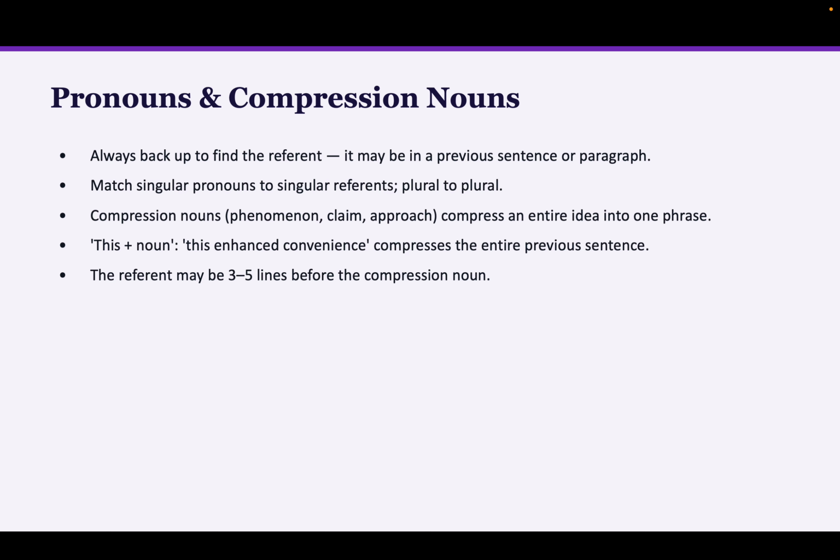So you want to make sure that you're not getting lost in all these details that they're adding in the middle. You want to be 100% certain what each pronoun and compression noun is referring to in the underlined portion before you seriously engage with that passage or with that idea.